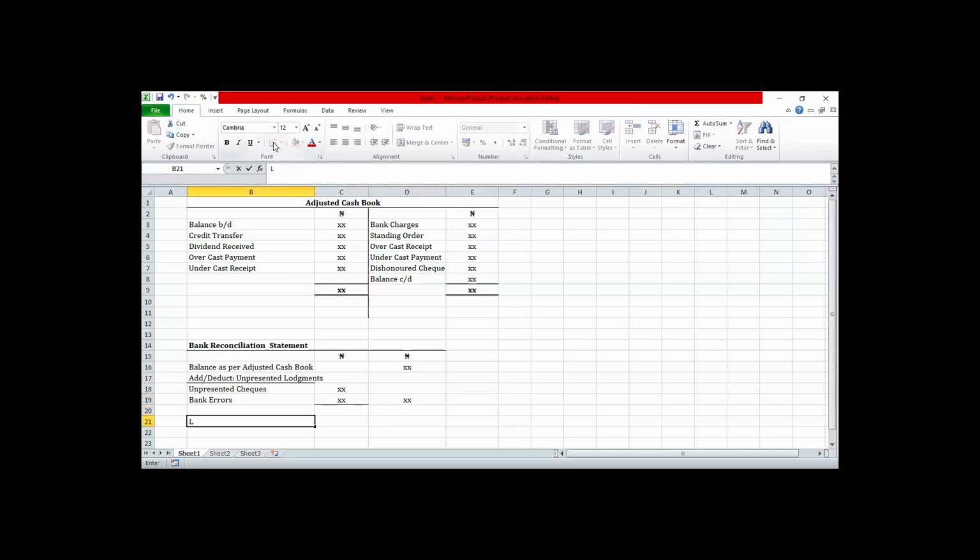We also say less uncredited lodgements. Then under here, we have uncredited check. We have bank error.